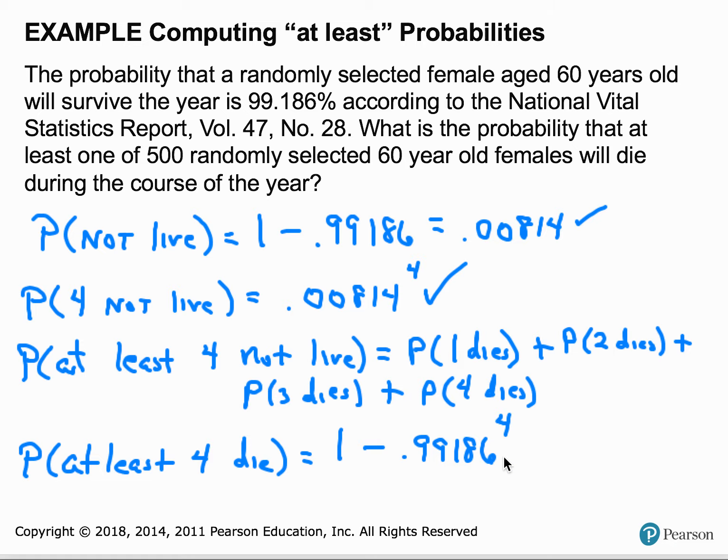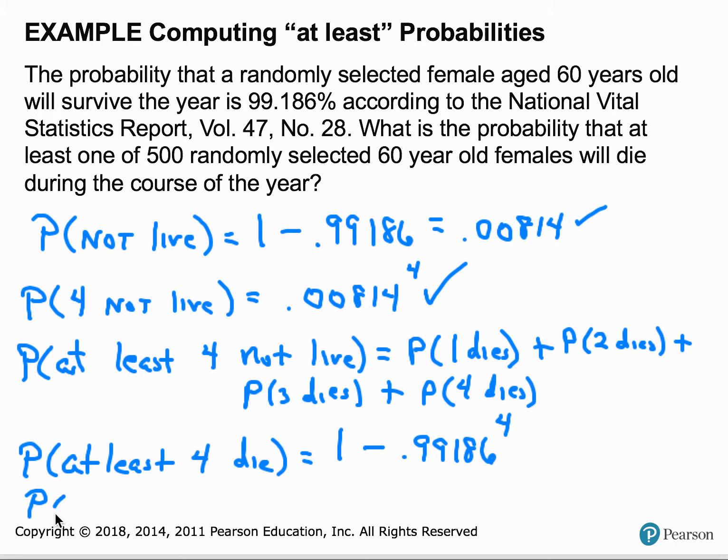Here's our pattern. However many you're talking about goes on your exponent. It's this same idea that we had before of extending this multiplication rule to multiple things. Okay? Now, in this, we've already done the 1 minus, right? That's that they not live. Then I'd have to do it again for 2 times, 1 time. So here is just, we're going to say that they all lived and take it away from 1.